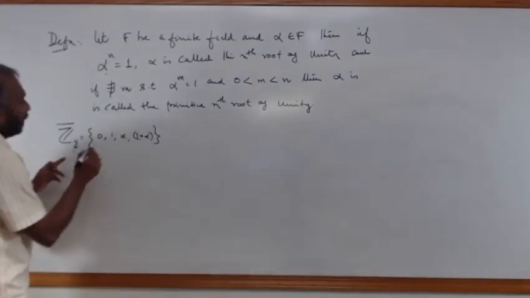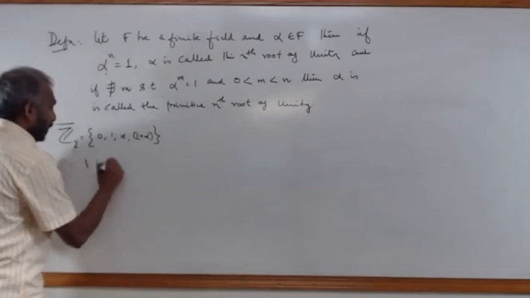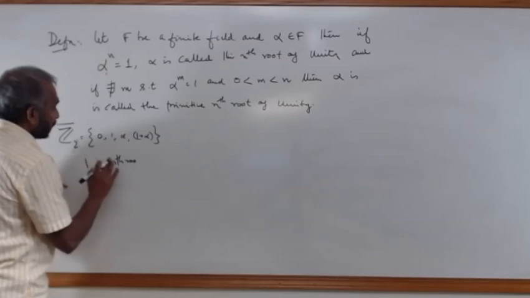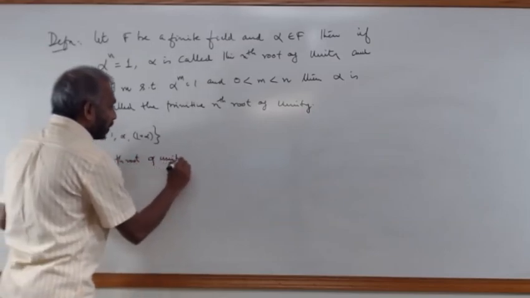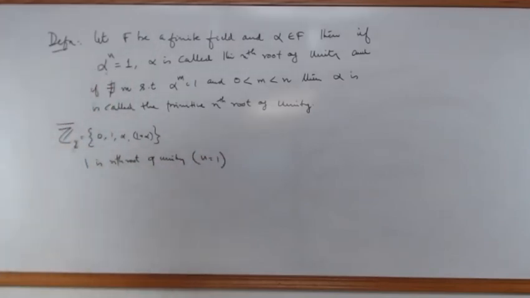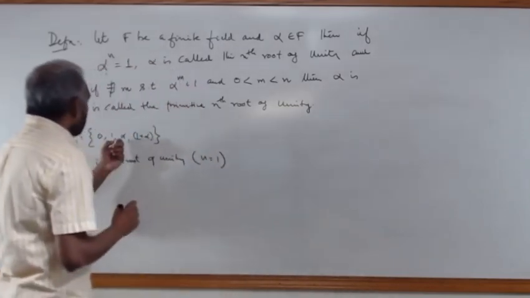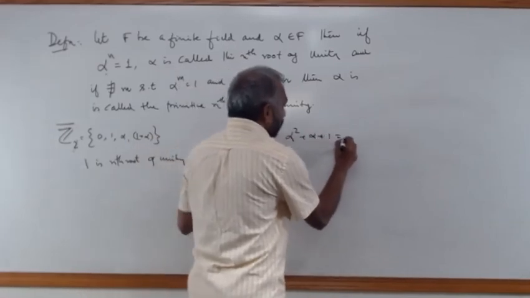Here 1 is actually the 1st root of unity, n is equal to 1. What about alpha? The condition here is alpha square plus alpha plus 1 is equal to 0.